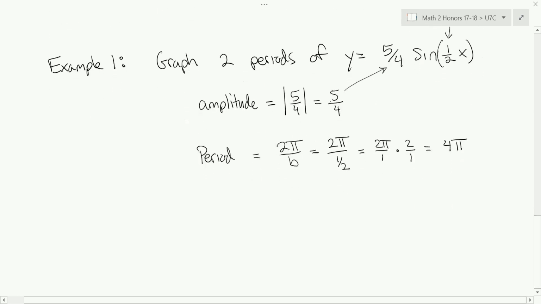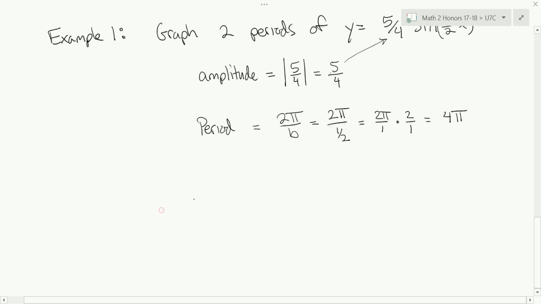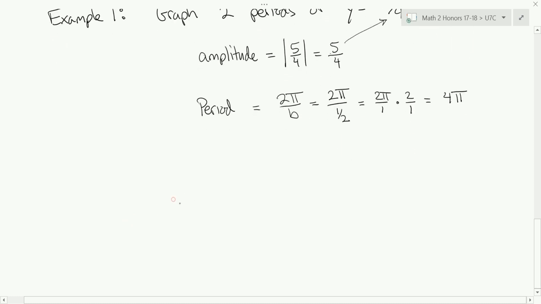So then you have to have in mind what's the general shape of this sine function, right? How does it start? So I'm just going to put the x-axis down here first. Don't worry about the y-axis yet. Just draw a horizontal line.